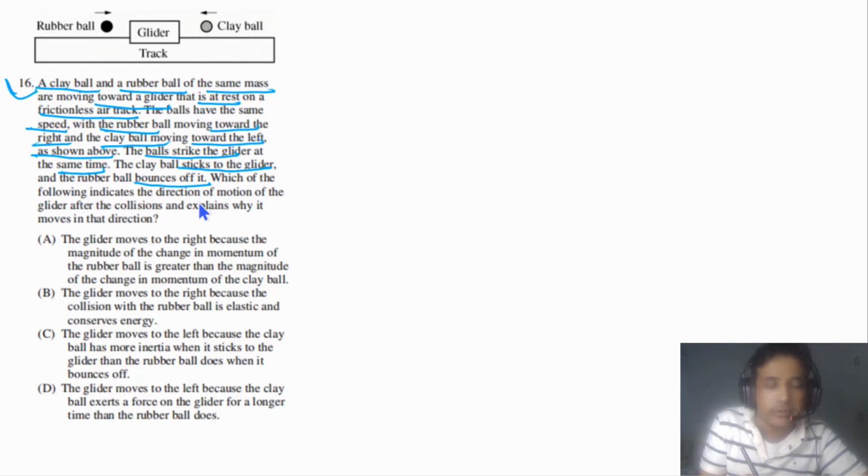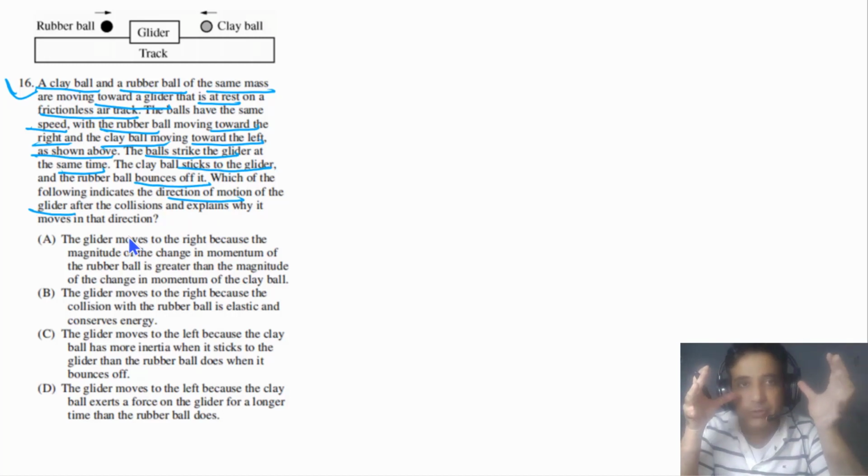Which of the following indicates the direction of motion of the glider after the collision, and explain why it moves in that direction? So for this question, we simply need to understand the forces exerted by these two balls on the glider. If one ball exerts more force, it means that this glider will move in the direction of that force.